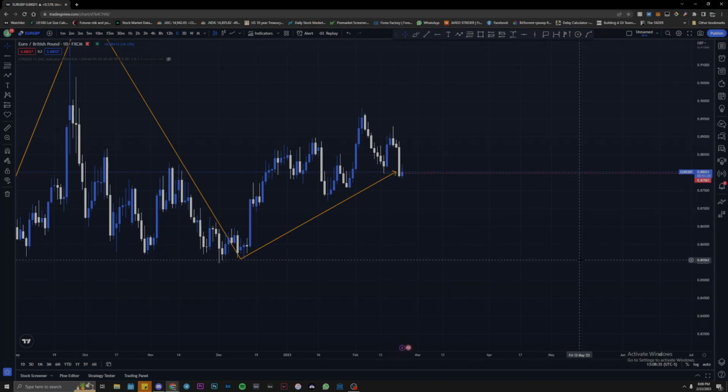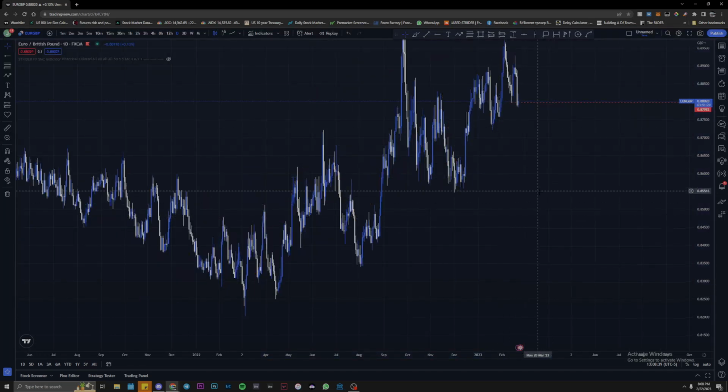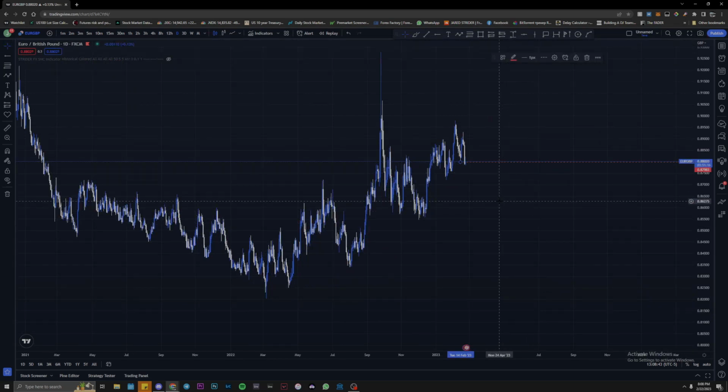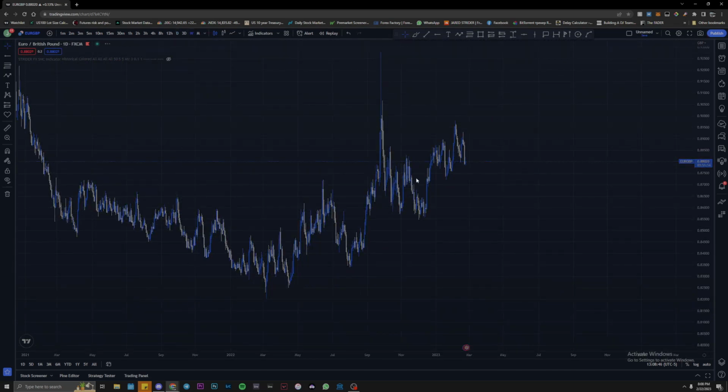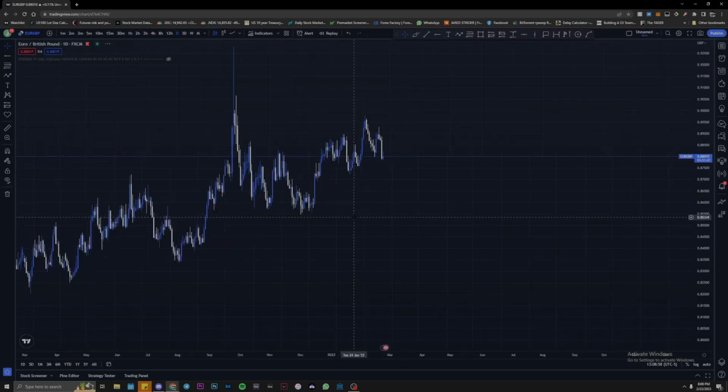So that is correct, but we've got to remember what I taught you guys. We've got to give ourselves a narrative on the higher time frames. So if we start on the weekly, we know price is going up. We're only looking for longs. So remember that. Number one, what is our narrative? We're looking for longs.